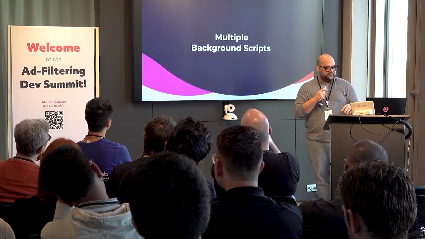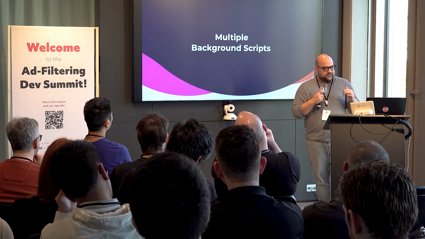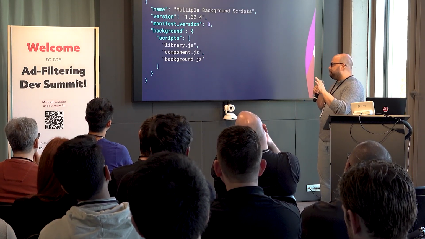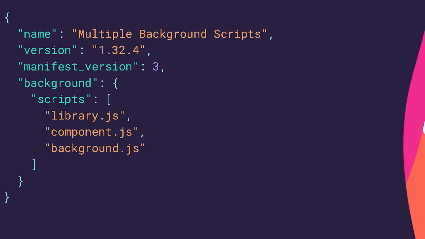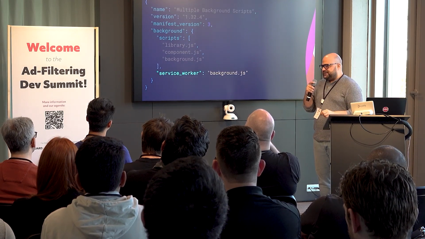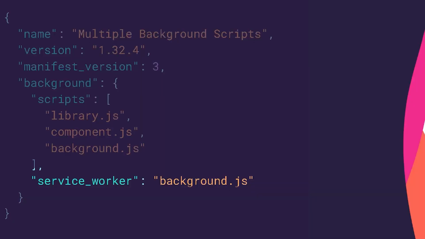Another issue that folks have run into with the service worker-based model is that with an event page, we have a scripts array, and you can declare multiple scripts. We'll generate a background page for you and inject all of those scripts. But a service worker is a single key. It's only a string.